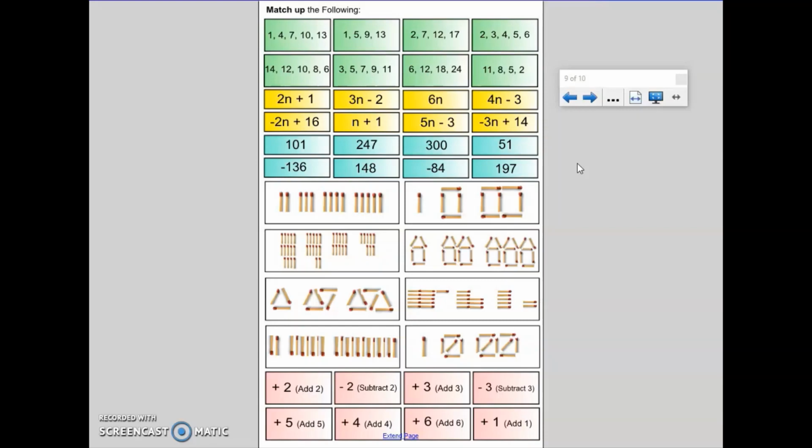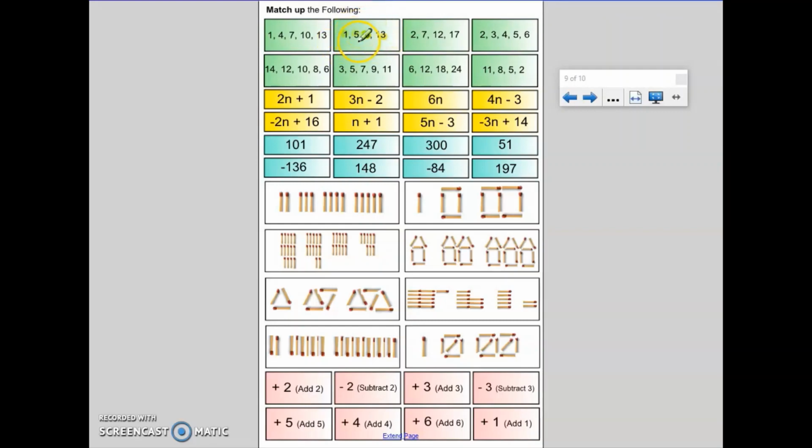Okay, welcome back. I'll just talk through one of the matchings and we'll go for this one here. 1, 5, 9, 13. That's increasing by 4 each time. And if I went to my first number and subtracted 4, I would land on negative 3.